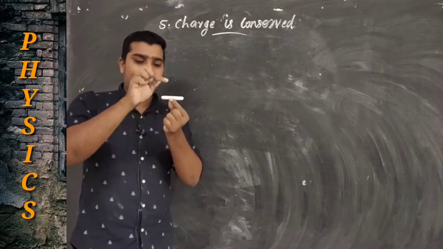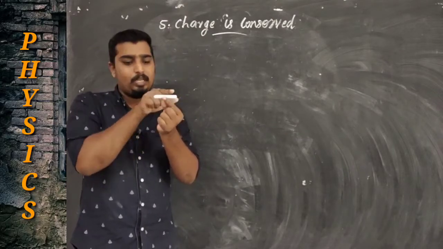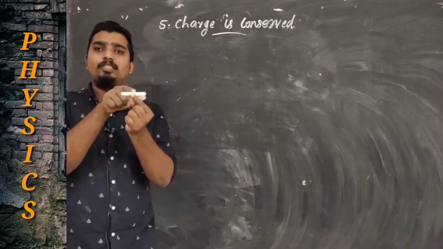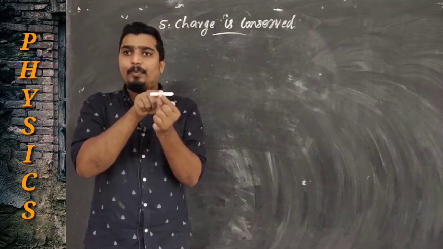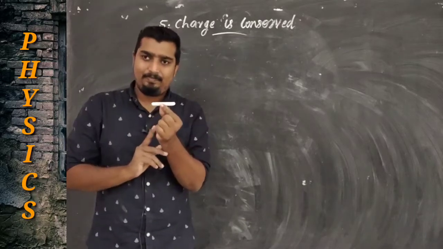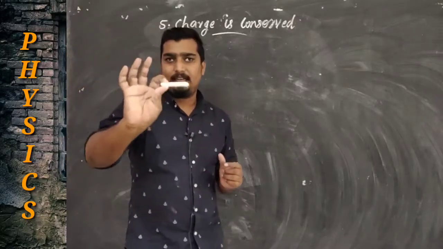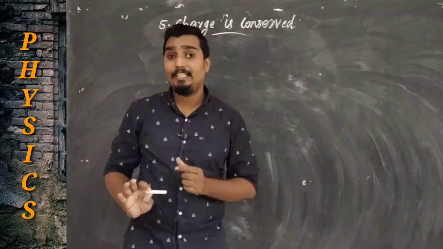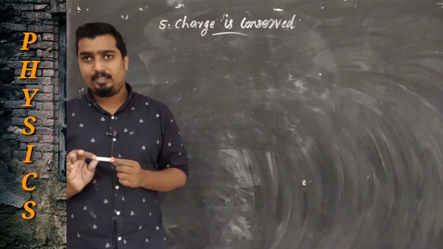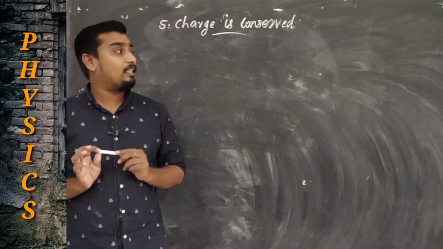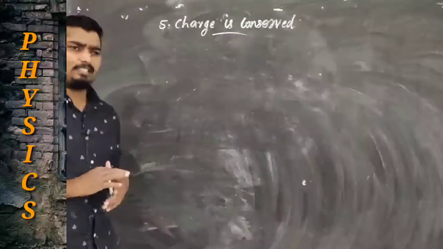For example, suppose electrons are lost from this chalk; that charge appears somewhere else. It is neither created nor destroyed. Clear? This is the fifth property: charge is conserved.